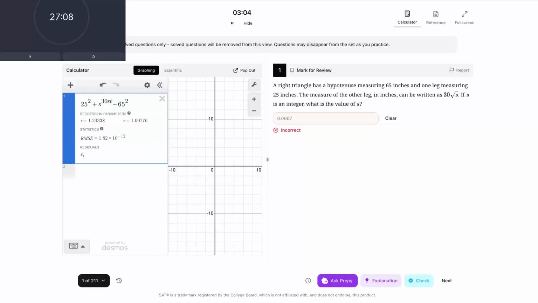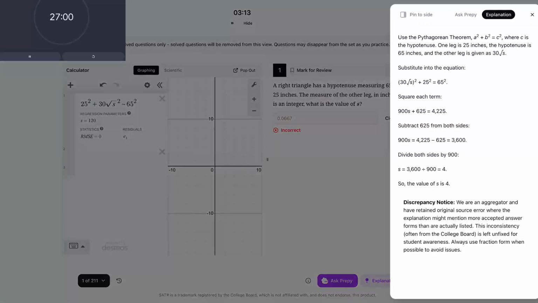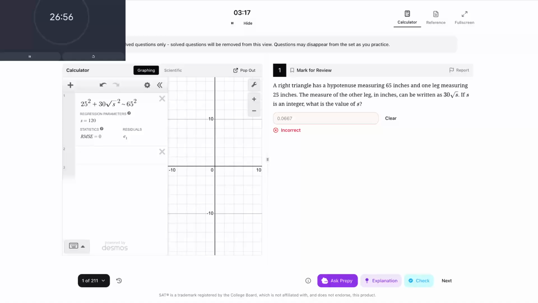Let's try 30 square root of s. Let's try this again. So we have s as 120. S is 120. By chance is it because of this? Okay, I think yeah.